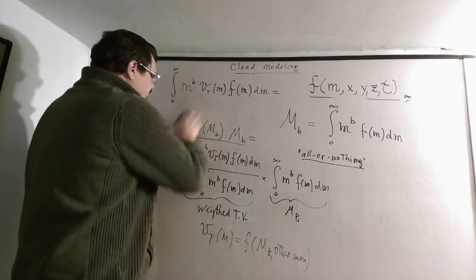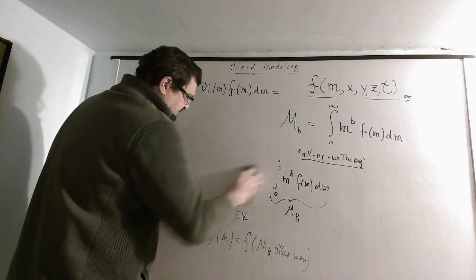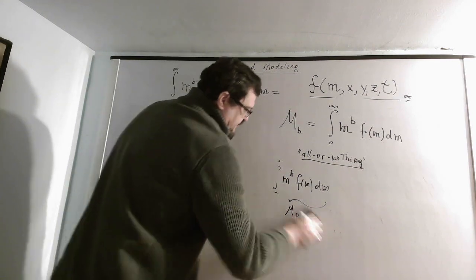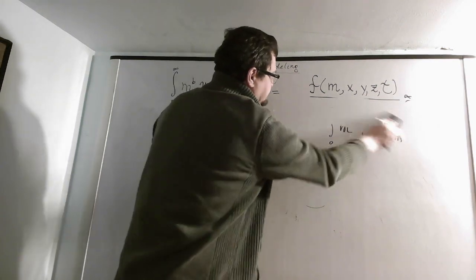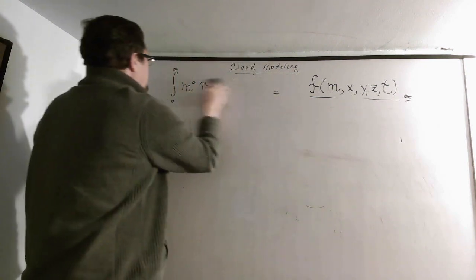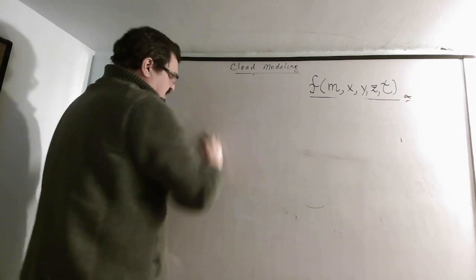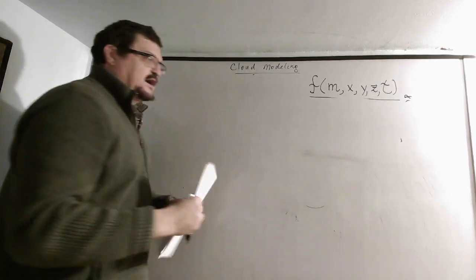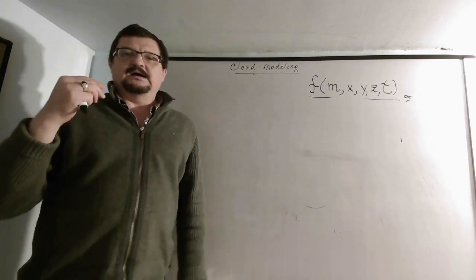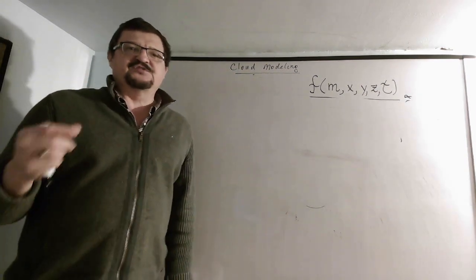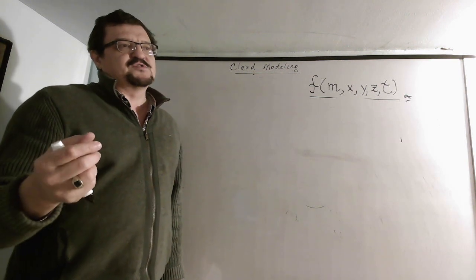There are several popular distributions that people use for bulk microphysics schemes. First of all, different phases have drastically different properties from the point of view of cloud physics.